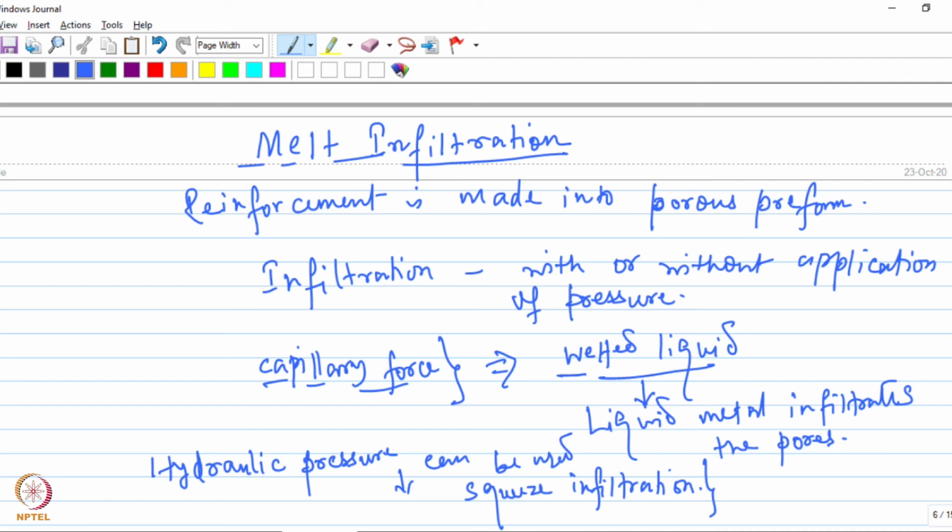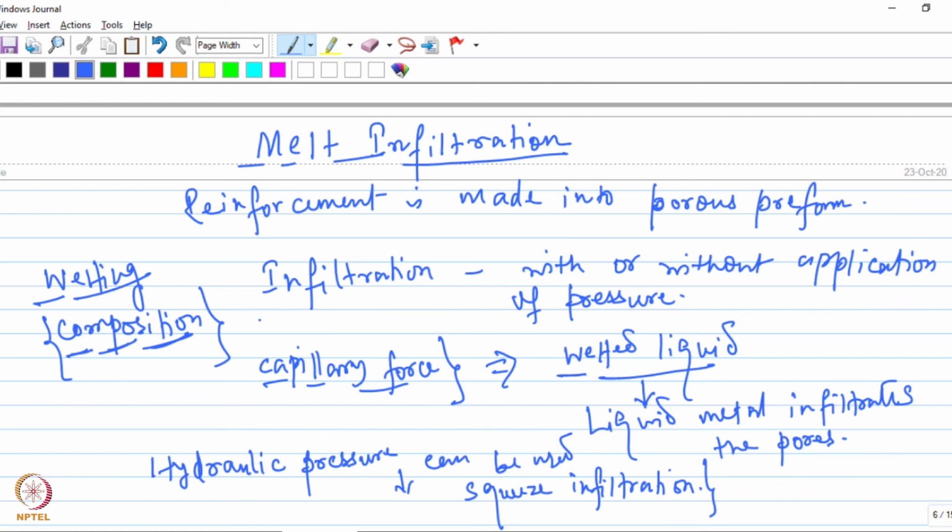But in any case, wetting of the solid by the liquid is crucial, and therefore the composition of the metal will play a role in this case, because how well the solid surface will be wetted by the liquid would depend on the composition of the liquid, or the composition of the matrix material that we are using here.